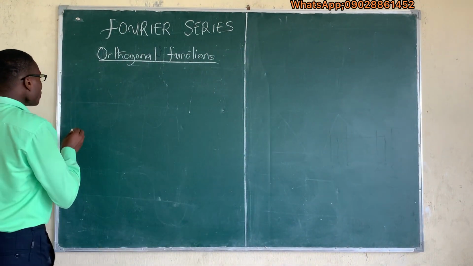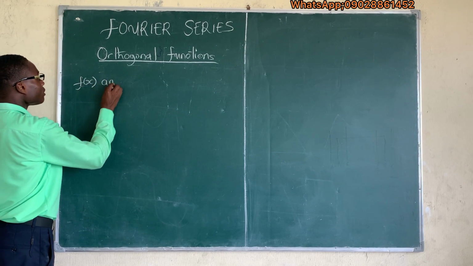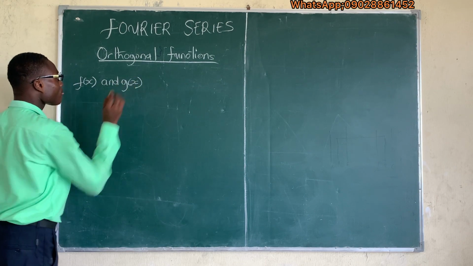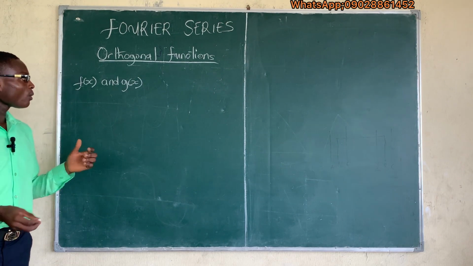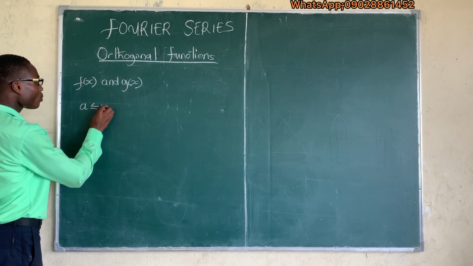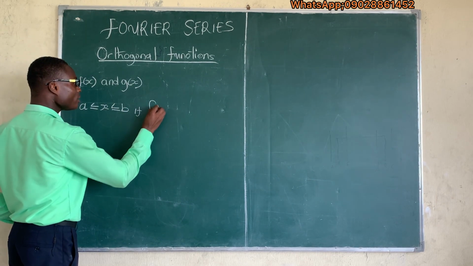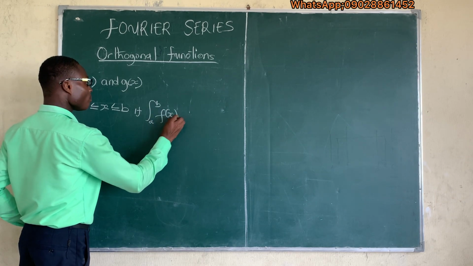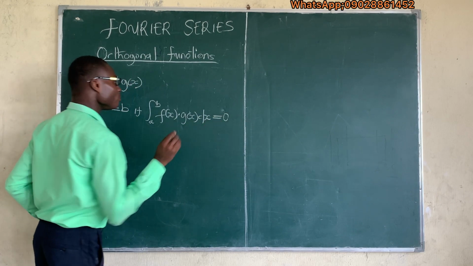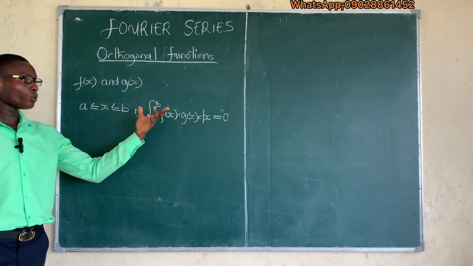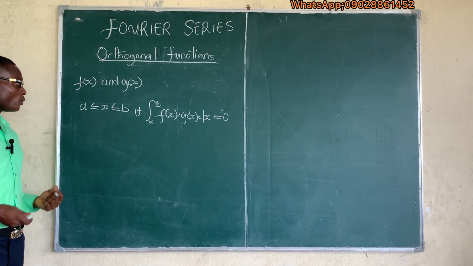That is, two functions f of x and g of x are said to be orthogonal on an interval a less than or equal to x less than or equal to b if the integral from a to b of f of x multiplied by g of x with respect to x is equal to 0. If this condition holds, then we can conclude that f of x and g of x are orthogonal.